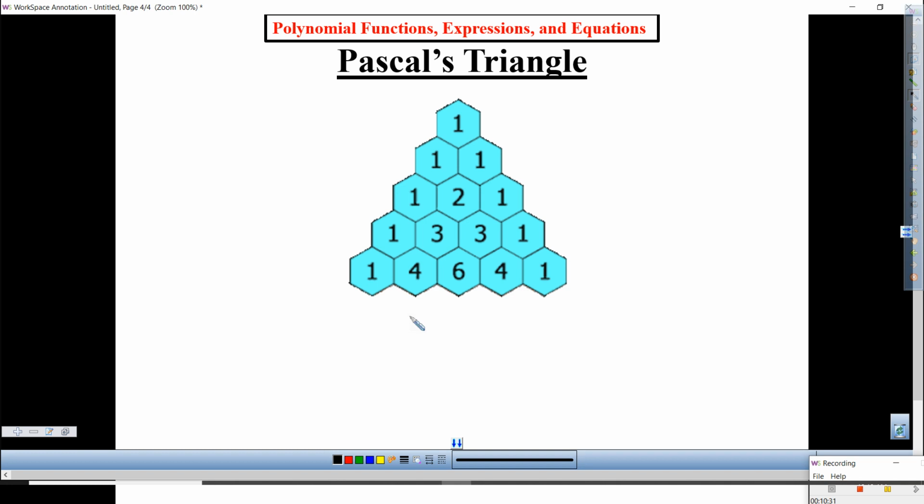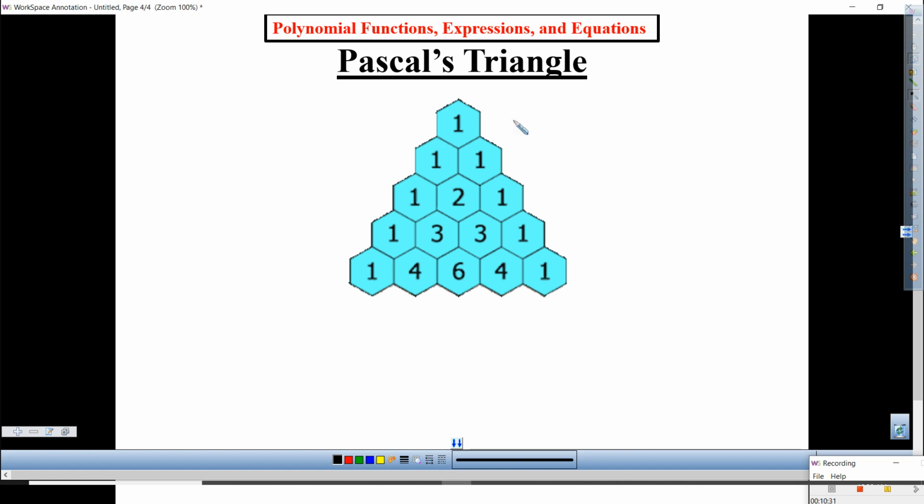So check this out. I want you to write on your paper Pascal's triangle. Don't copy this one. I'm going to show you how to write it so that we don't have to draw the little honeycombs. So Pascal's triangle, this is how it starts.